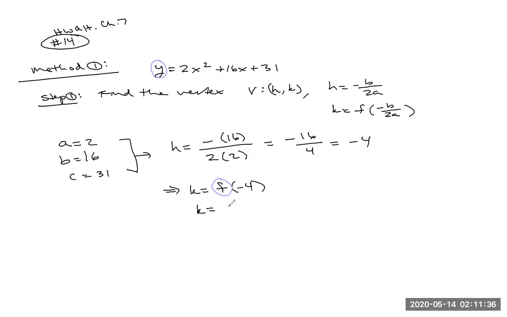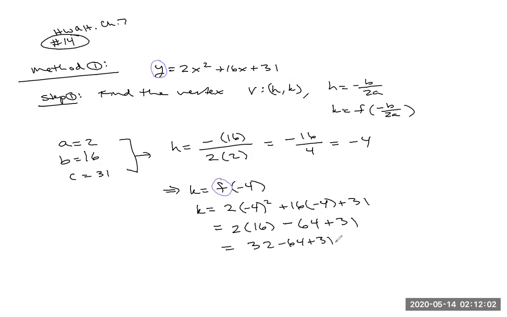So f at -4 is going to be 2 times -4 squared plus 16 times -4 plus 31. Let's go through this one just to make sure it's all good. So this would be 2 times 16 plus 16 times -4. That's -64 plus 31. 32 minus 64 plus 31 is -1.